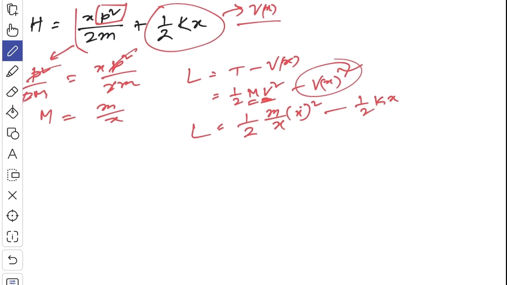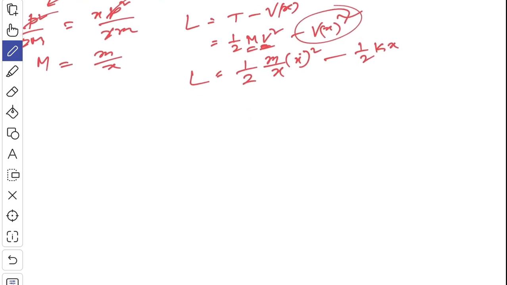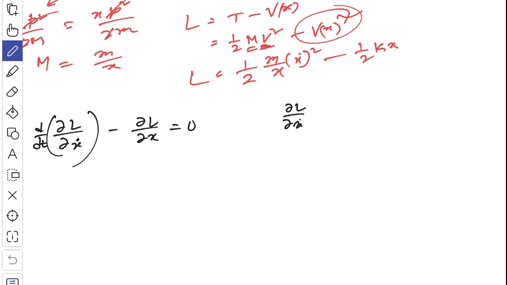Now what is the Euler-Lagrange equation? That was d by dt of del L by del x dot, minus del L by del x, is equal to 0. Let us first find del L by del x dot.